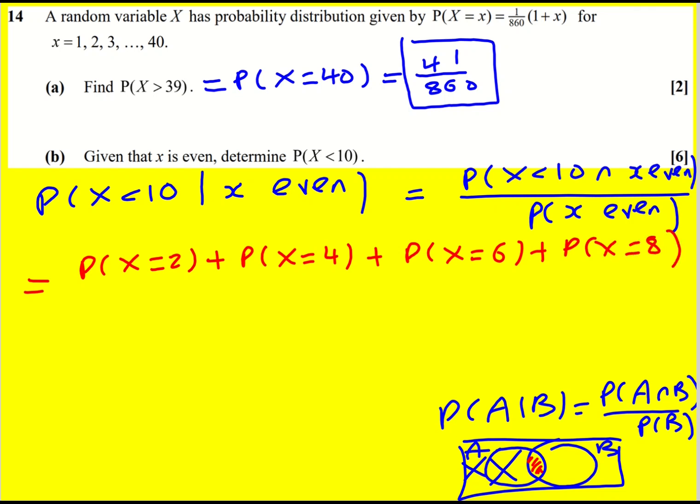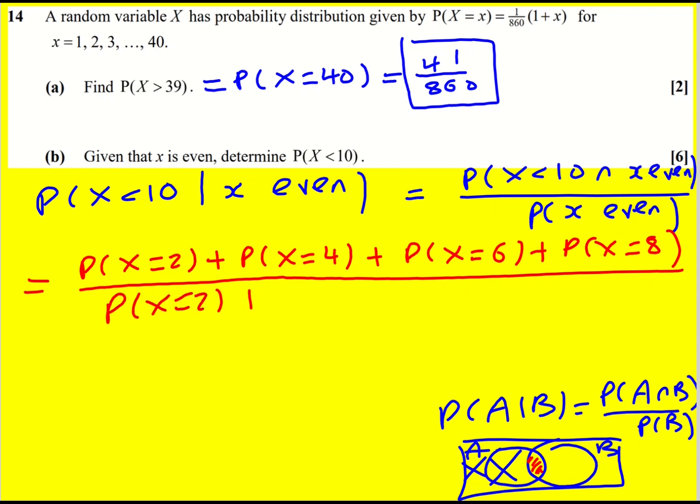Not 10 because it's got to be less than 10. And then we're going to be dividing by the probability that x equals 2 plus the probability x equals 4. And there's lots of these to add this time. We're going to go all the way up to the probability that x equals 40.